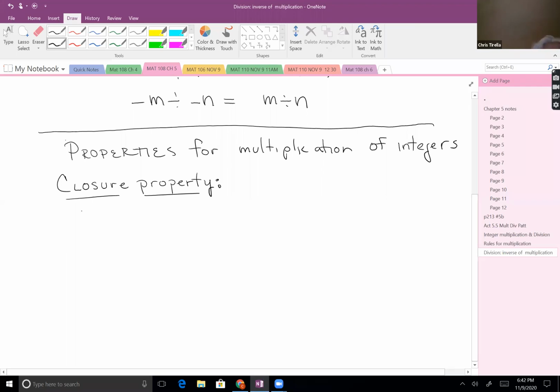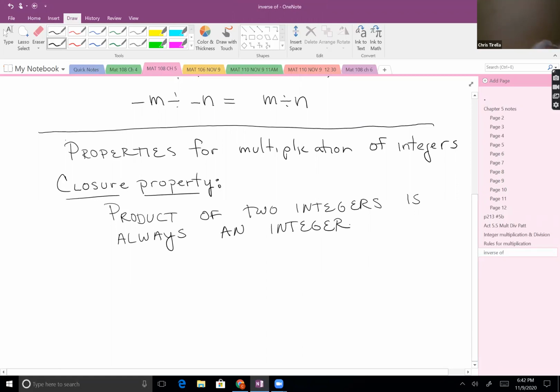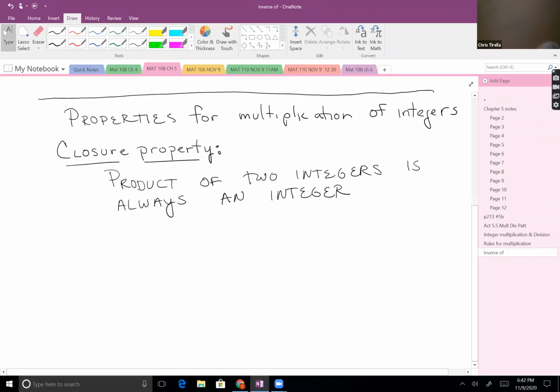So integers will be closed under multiplication because the product of two integers is always an integer. And so they're closed. When I multiply two integers, my result is an integer.